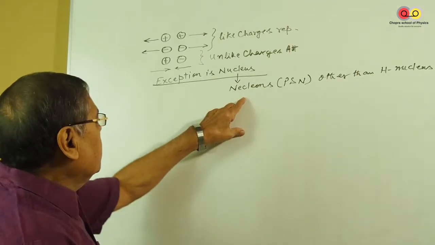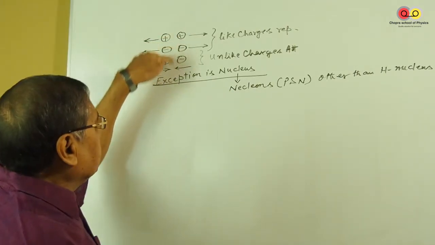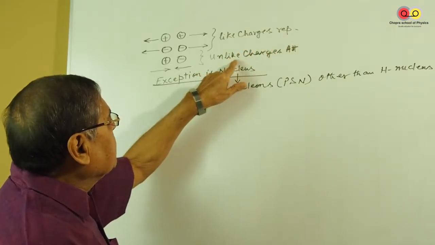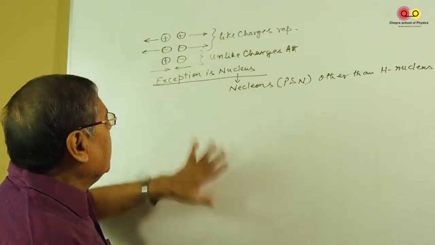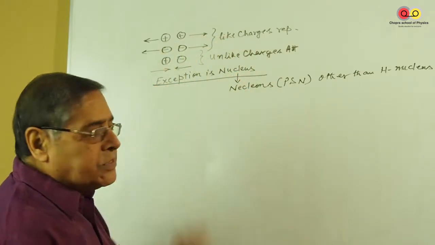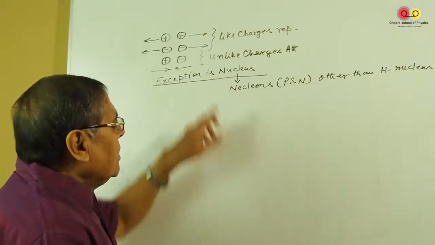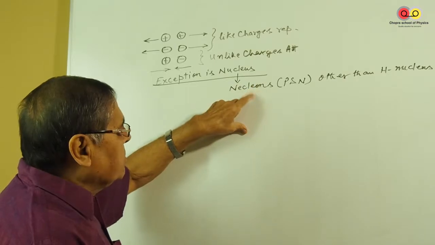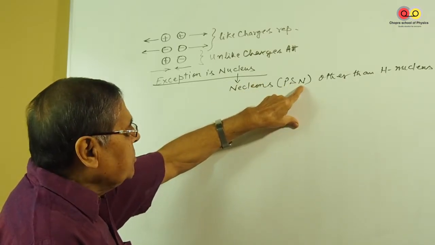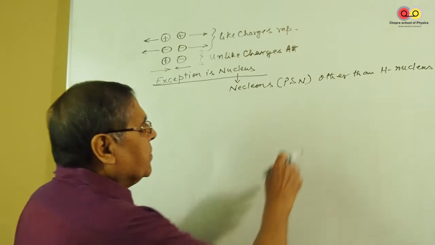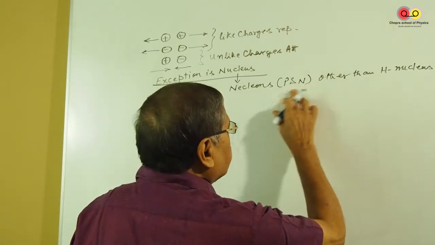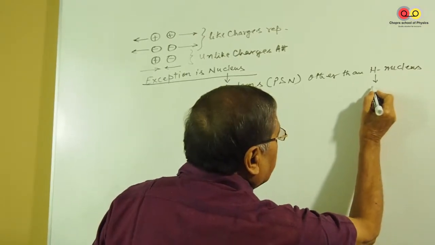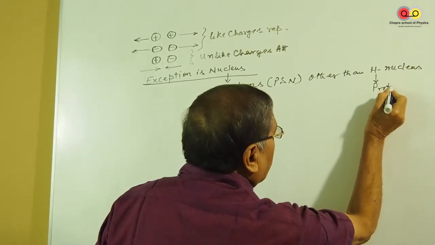So you will now remember that the statement which we have written, like charges repel and unlike charges attract, this statement is not valid for the nucleus. Now why? Nucleus is made up of nucleons. When we use this term nucleons, they are protons and neutrons, when we speak other than the hydrogen nucleus, because the hydrogen nucleus is simply made up of a proton.